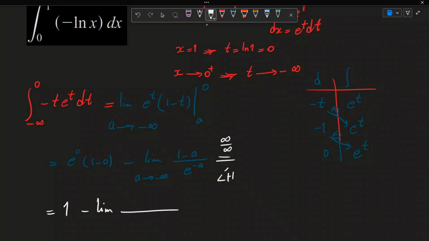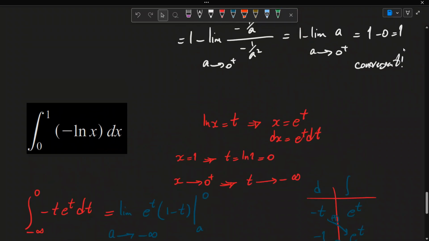L'Hospital's rule for 1 minus a gives minus 1, and e to the minus a gives minus e to the minus a, which approaches minus infinity. So it becomes 1 over plus infinity, which is 0. The same result as we found in the other form.